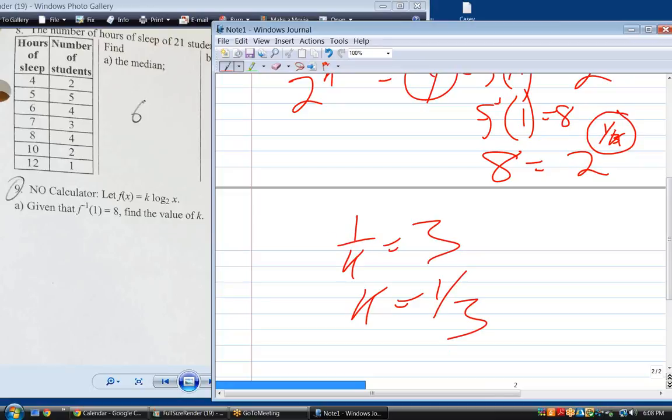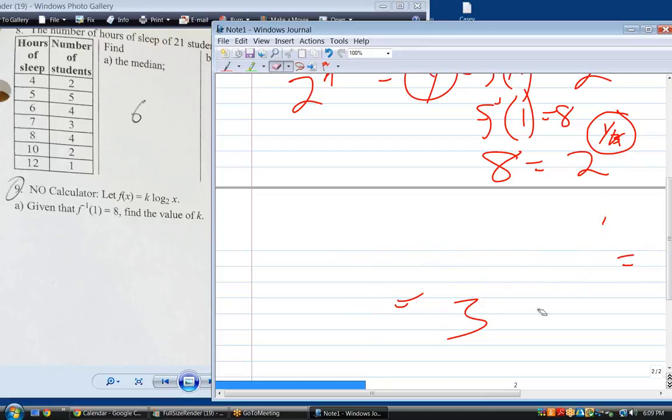2 to the 1 over 1/3 power equals 8, because that's the same as 2 to the 3rd power. Okay? So we've solved for k.